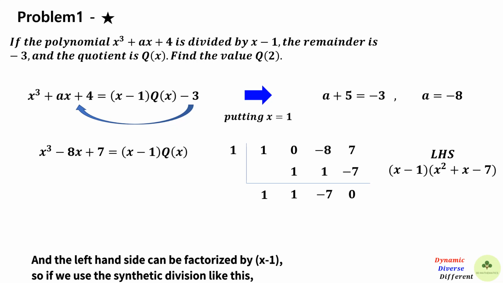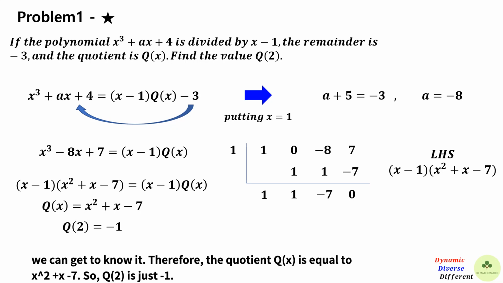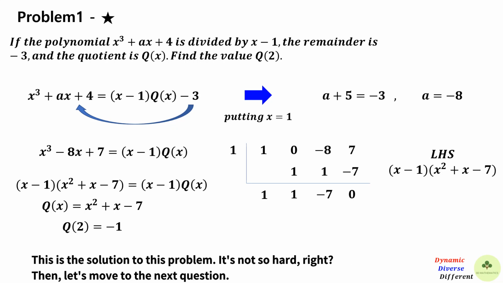So if we use synthetic division like this, we can get it. Therefore, the quotient q of x is equal to x squared plus x minus 7. So q of 2 is just minus 1. This is the solution to this problem. It's not so hard, right? Then let's move to the next question.